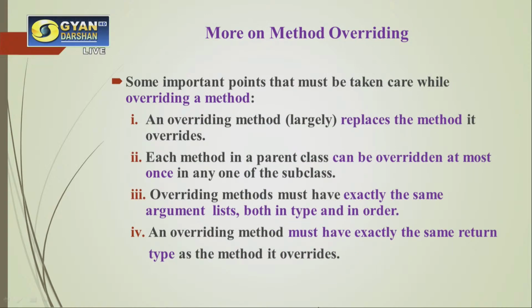Some important points we have to take care of: an overriding method replaces the method which is present in the parent class. Each method in the parent class can be overridden at most once in a derived class. An overriding method must have exactly the same signature, and it must have exactly the same return type.